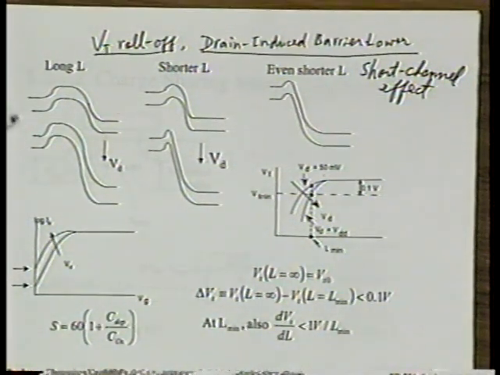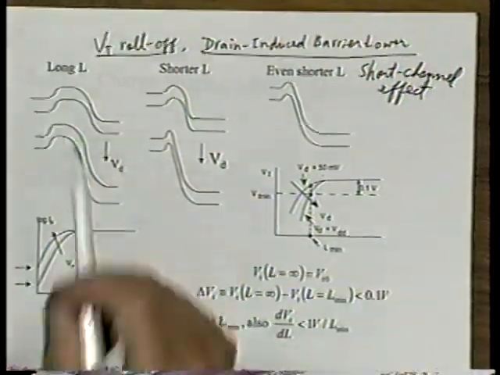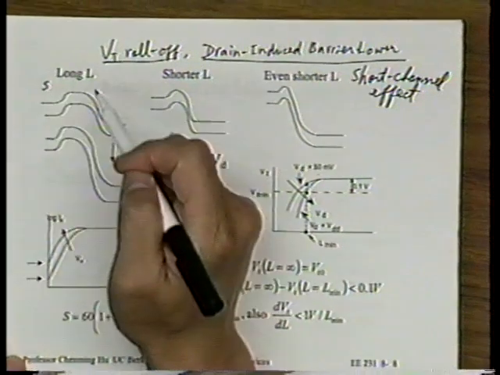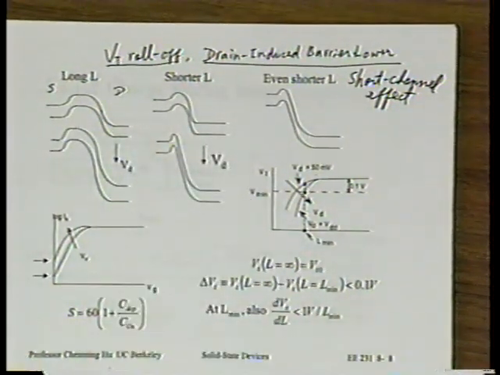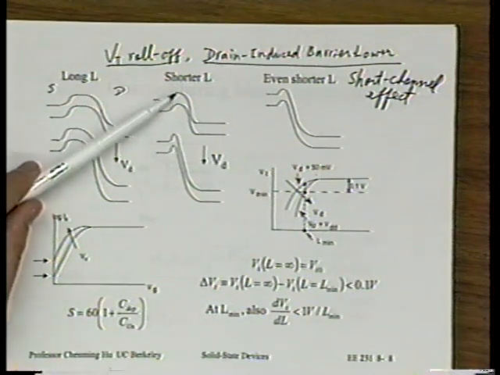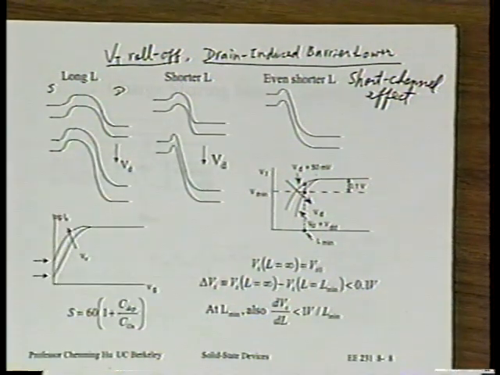All right. One way to understand this problem, and I recommend thinking this way, is to look at the energy band diagram between source and drain. So source and drain with channel in between. And I draw a case for long channel, a shorter channel, and even shorter channel. All right, let's first look at the long channel case.